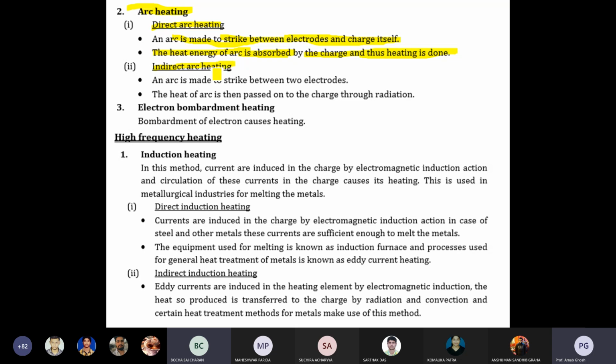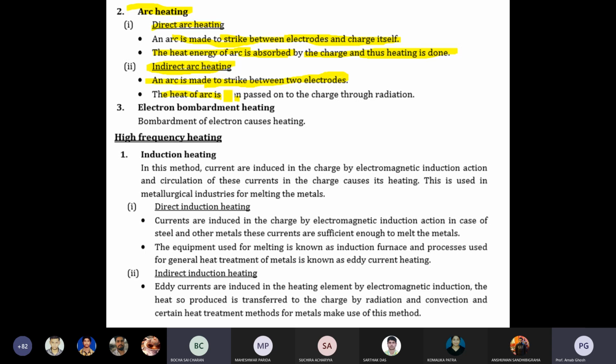Indirect arc heating: what happens in indirect arc heating? An arc is made to strike between two electrodes, and the heat of the arc then passes on to the charge through radiation. That means the arc is not passing directly through the material. Suppose two electrodes are there, and just below the two electrodes, a charge material container is there.